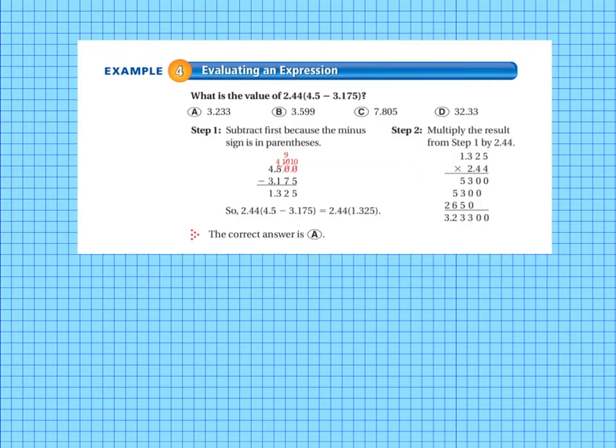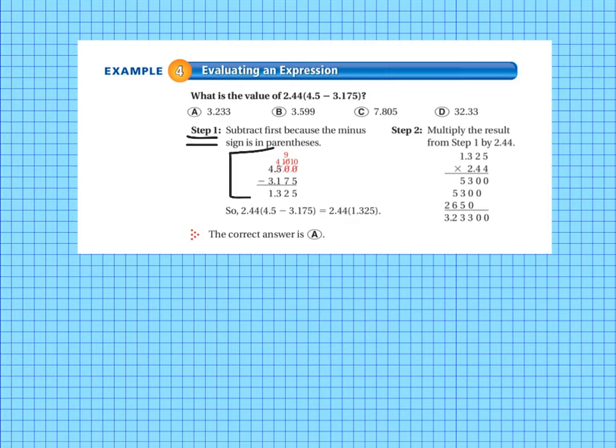Now we're going to look at evaluating an expression, so don't forget to use your order of operations. So step 1, we're going to subtract first because the minus sign is in parentheses. So here's your subtraction, 4.5 minus 3.175.